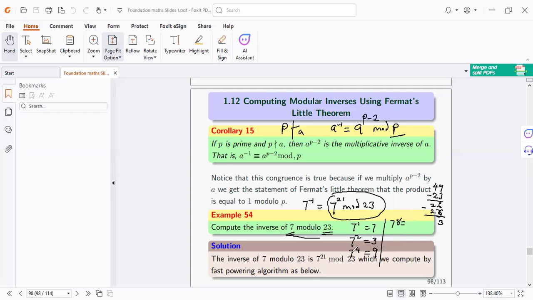I square this, that would be 81. 81 mod 23: how many times does 23 go into 81? 23 times 3 is 69. Subtracting, I get 12. So 7 raised to 8 is 12.